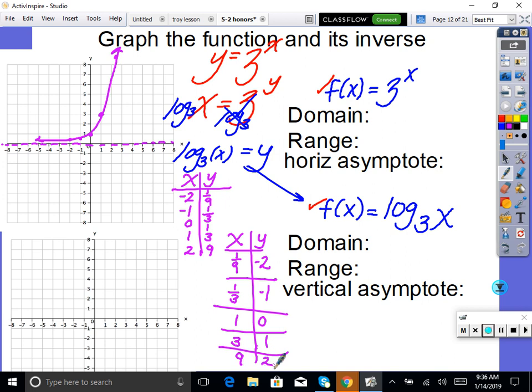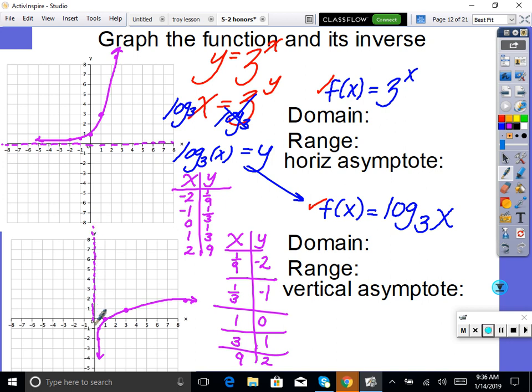So let's graph those points. Now watch me do it. Over a 9th, down 2 units. Somewhere right there. Over a 1/3, down 1 unit. Over 1 up 0. Over 3 up 1 unit. Over 9 up 2 units. So let's connect the dots here. So if you had to guess, where would you say that asymptote would be? 0.